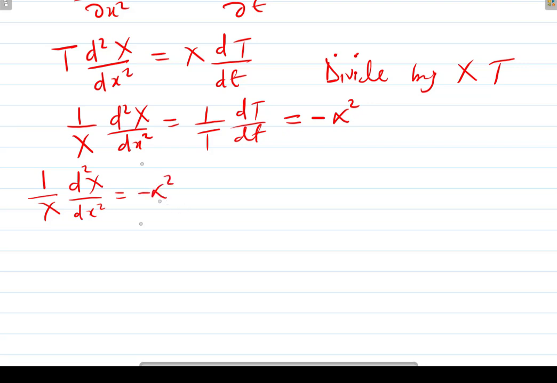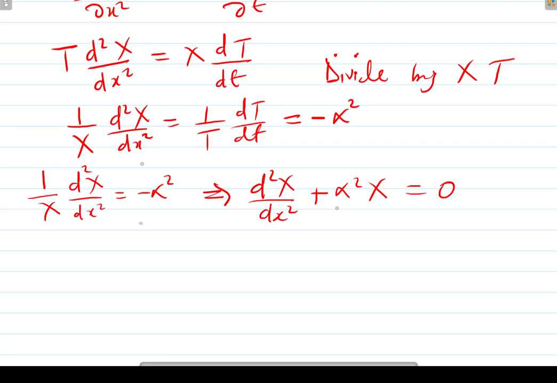This implies that d²X/dx² plus alpha squared X equals 0. So I have multiplied throughout by x and then brought the other one to the other side. Okay, so it becomes like this.